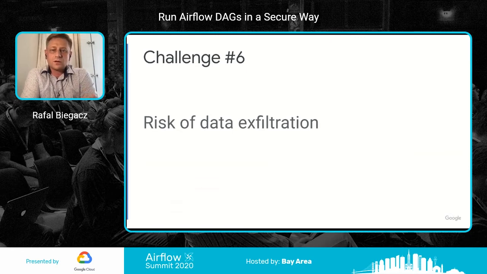Pretty quickly your Airflow setup becomes critical infrastructure for your company. And of course, you need to ensure that the risk of leaking the data outside of this setup is as small as possible. So what can you do about it?